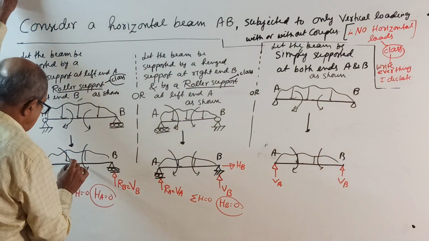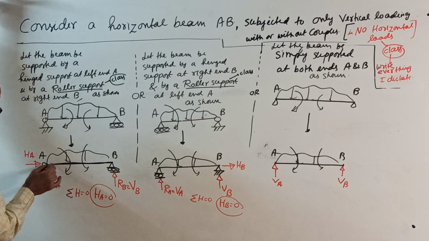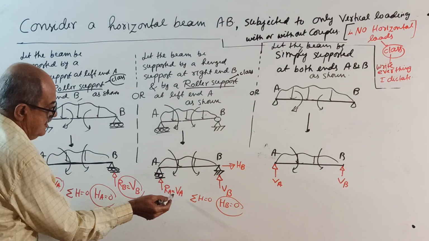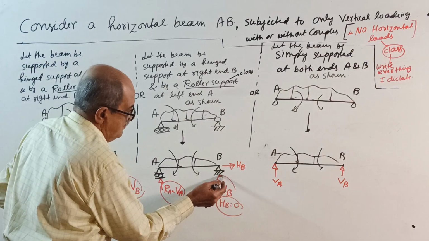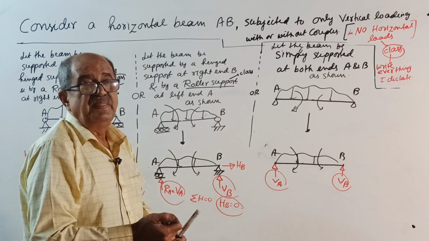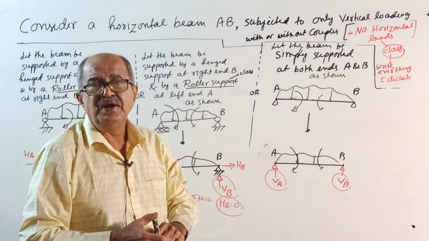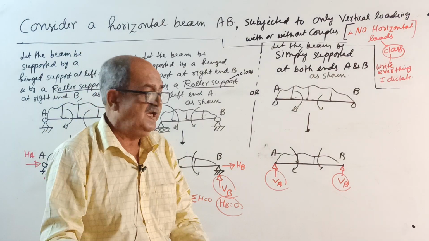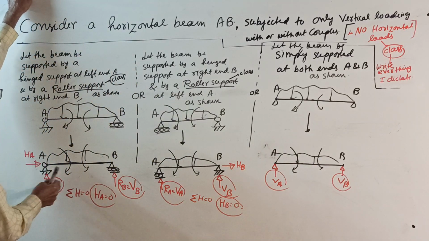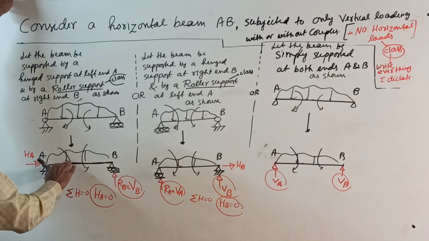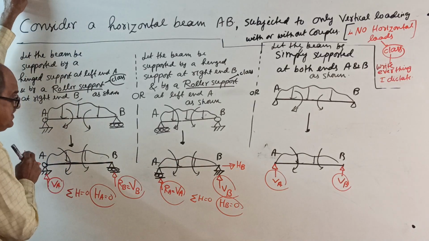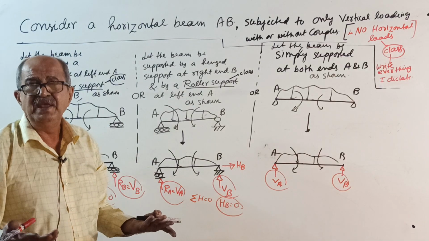Finally, what you get for this beam is VA, VB, VA, VB, VA, VB. Even if some horizontal load is there, sigma H equal to 0 will give the value of HA. Then again the unknowns are VA, VB only.